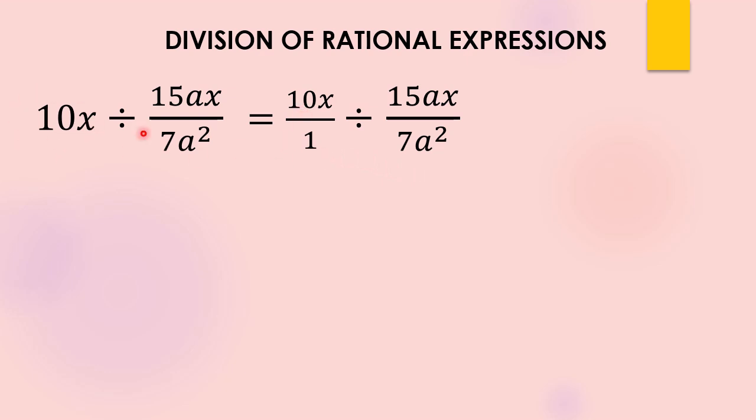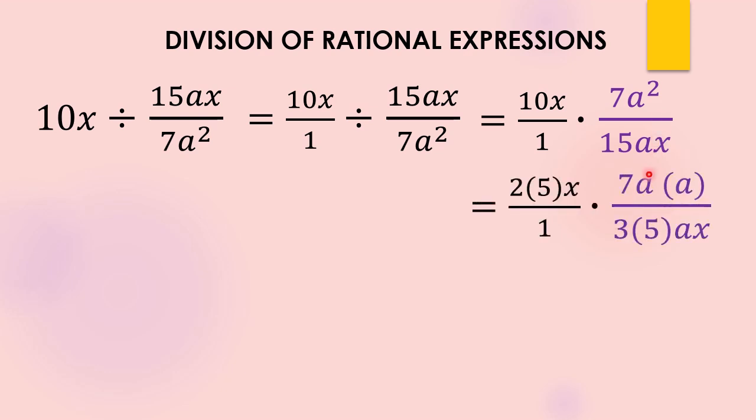So 10x will become 10x over 1 because 10x is a whole expression or whole number. 10x over 1 divided by 15ax over 7a squared. So to divide, change the division symbol into a multiplication symbol or dot, and then get the reciprocal of 15ax over 7a squared. So it will become 7a squared over 15ax.